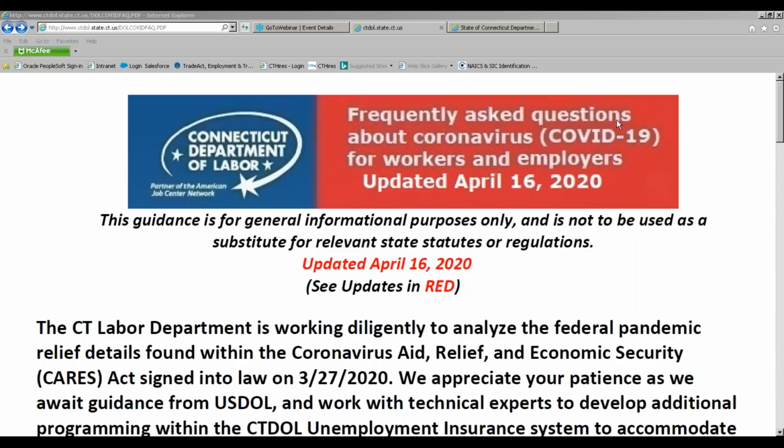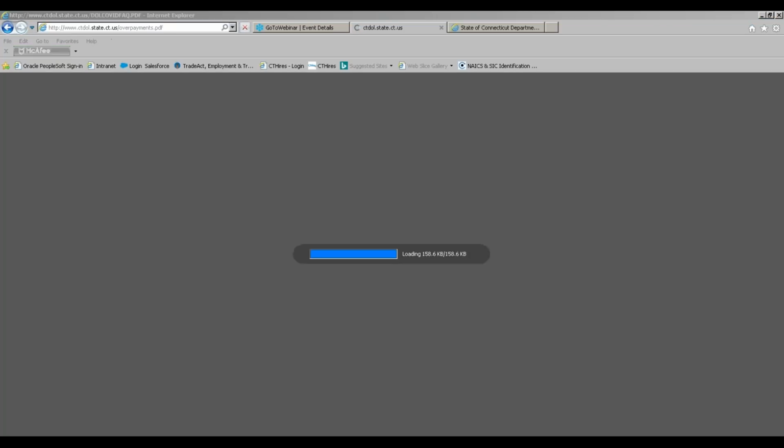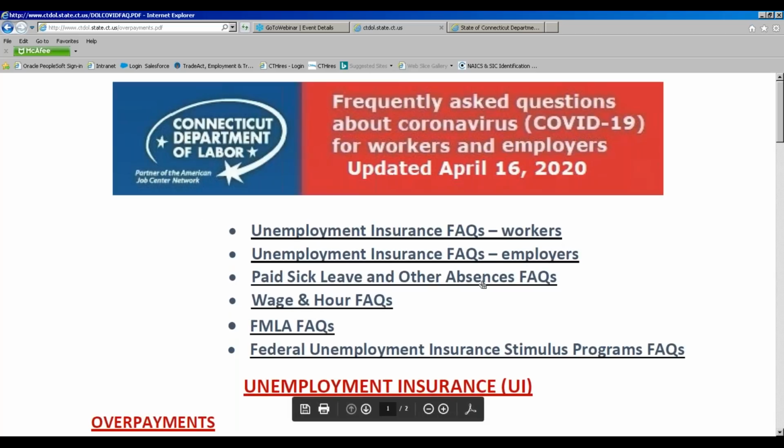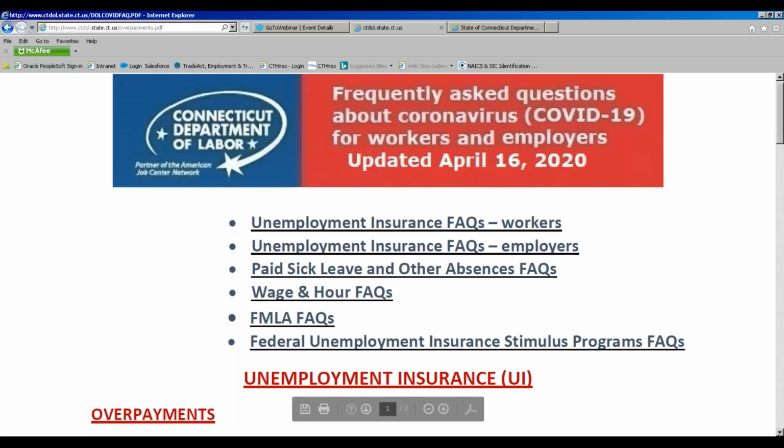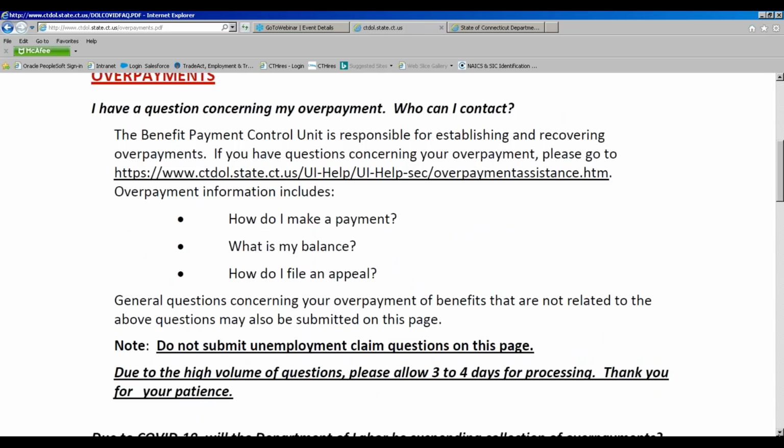I can. If we are getting situations like that where those payments did go out, however, we understand people are still working part-time jobs. If you go again to the frequently asked questions and you go to the overpayment assistance, I believe that is on the File CT UI page. So if you could scroll down a little bit, I think it is going to give you a link on here.